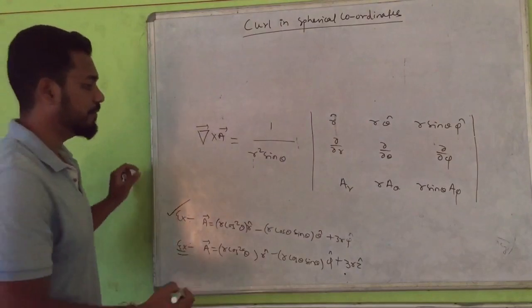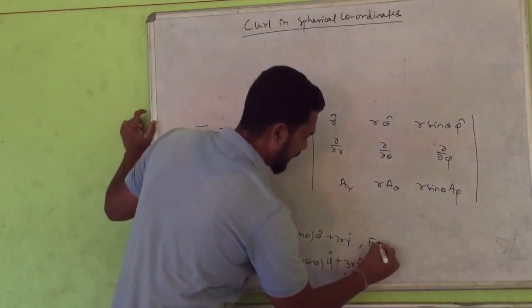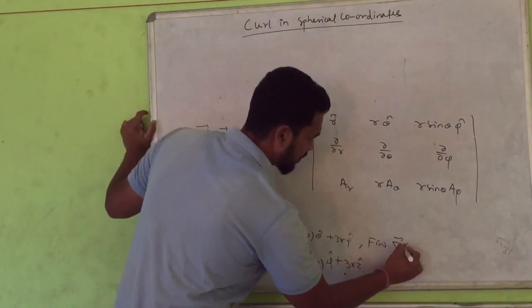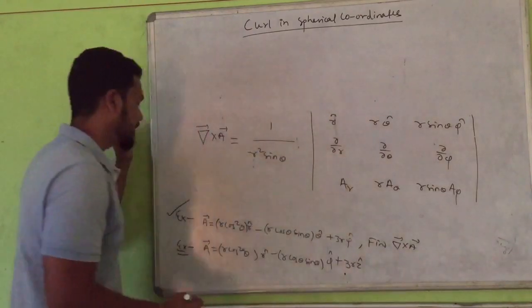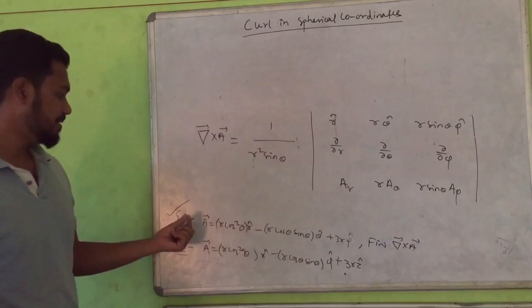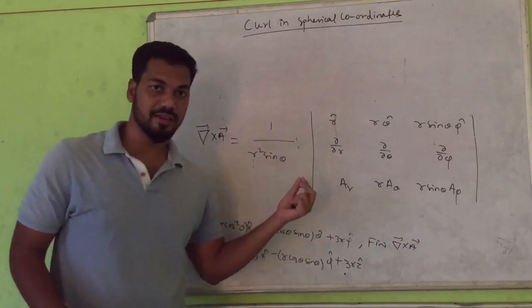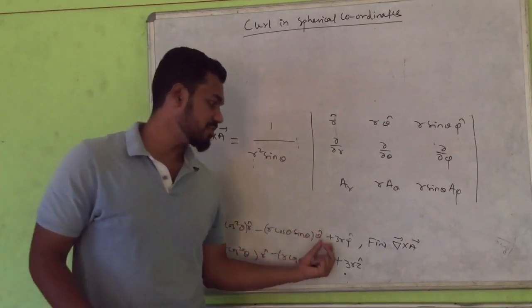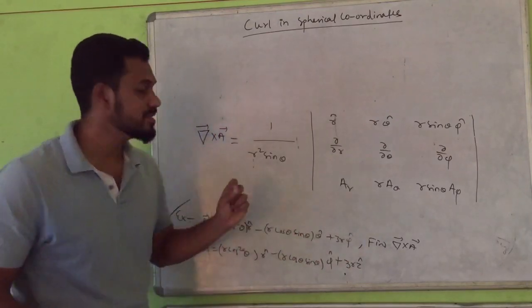Find the curl of A. The question given is find grad cross A. In this case you have to first write the radial component, the component along theta cap direction, and the component along phi cap direction separately.